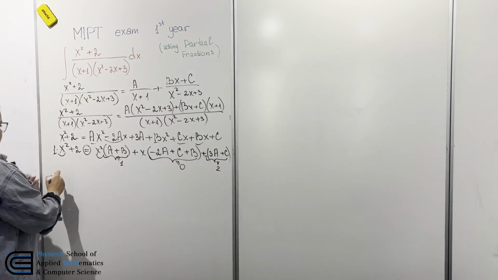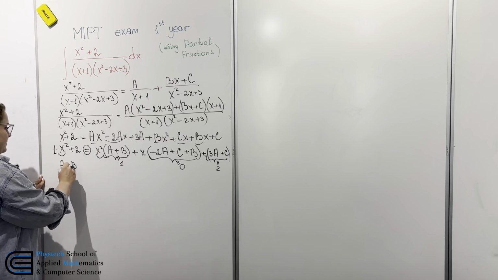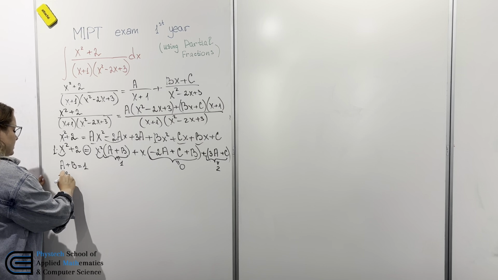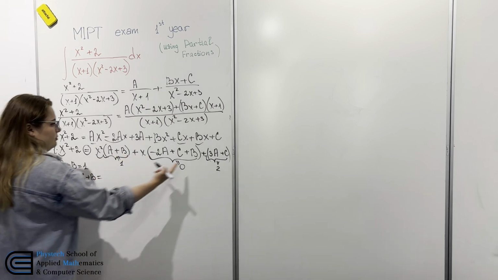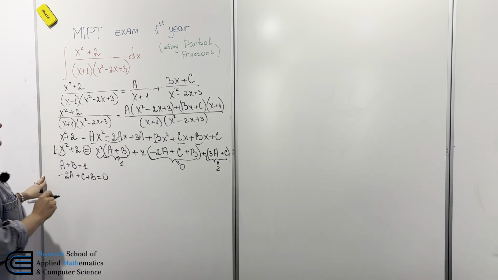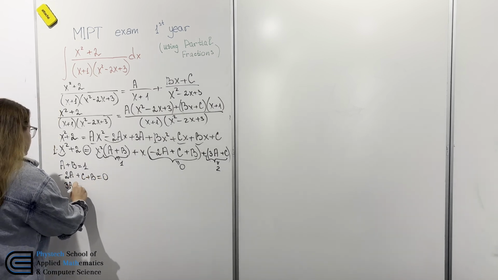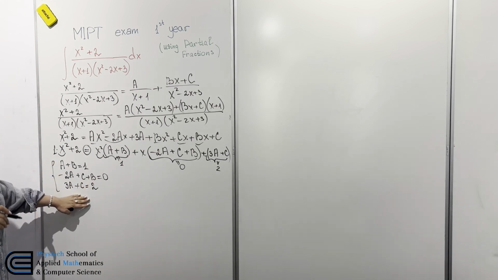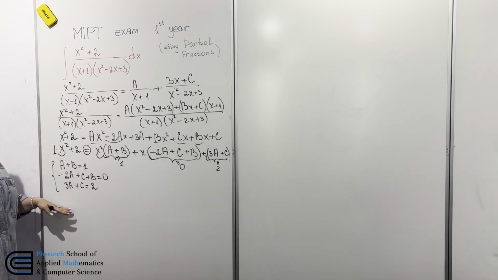Let's write it as a system. A plus B equals 1, then minus 2A plus C plus B equals 0, and 3A plus C equals 2. And now we need to solve this system of equations.